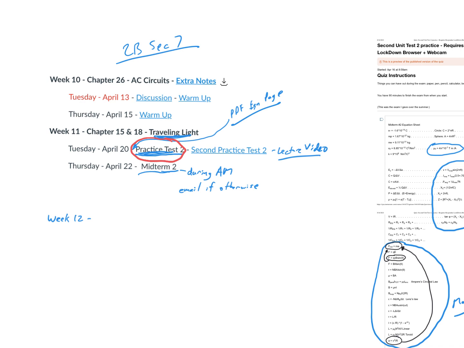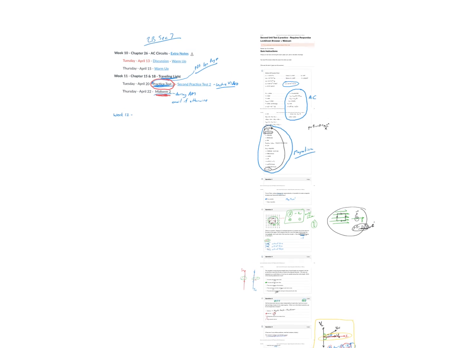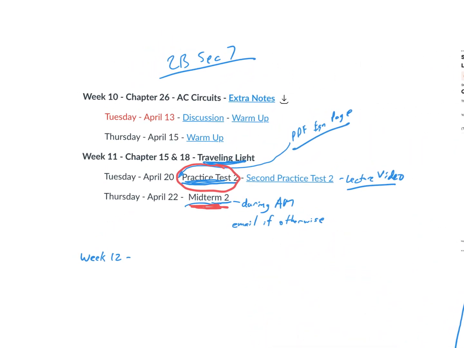And make sure that you get a good night's sleep on Wednesday night so that you can be ready for the exam either in the morning or, if you email me, the afternoon. Okay. There we go. That's our preparation for the exam.